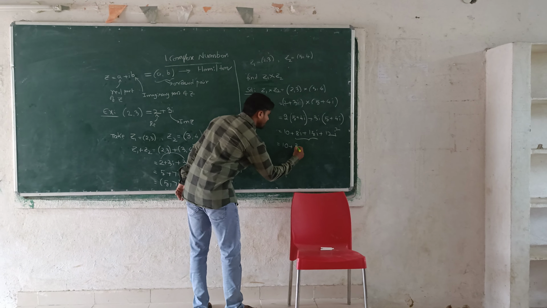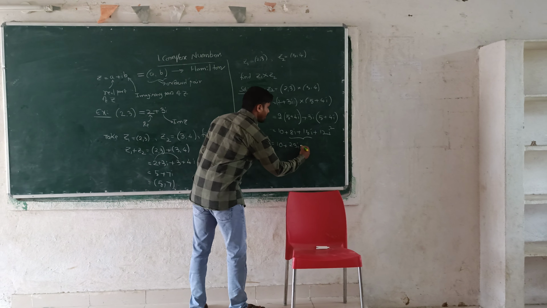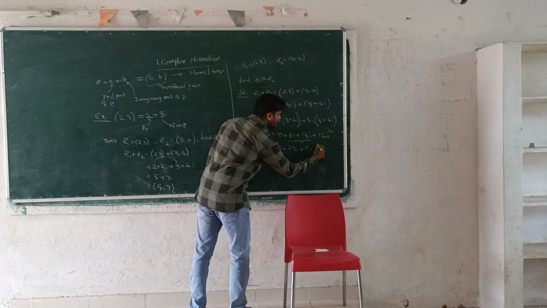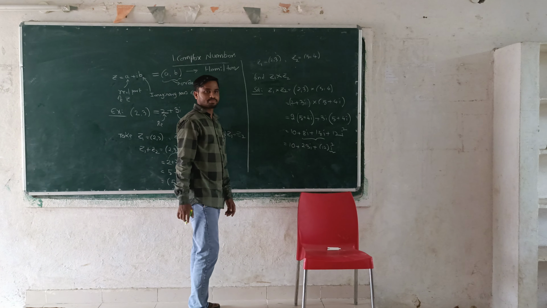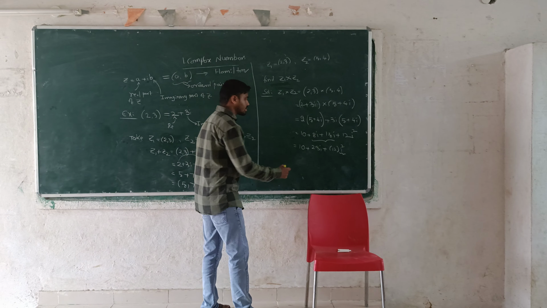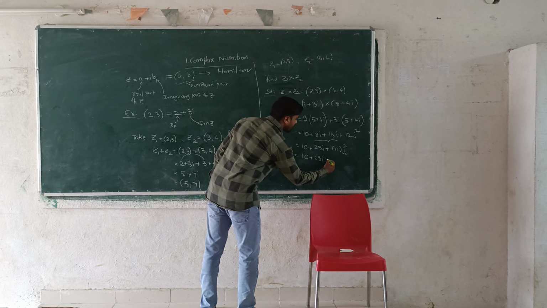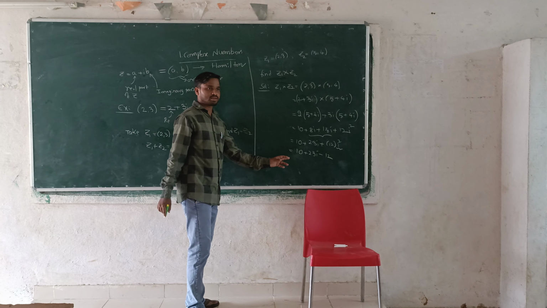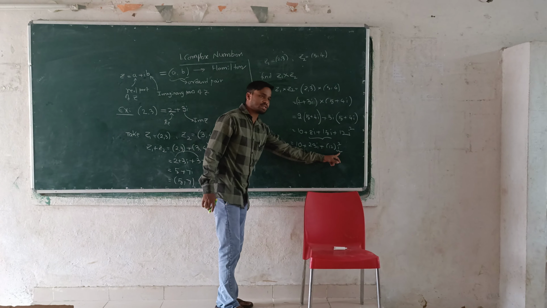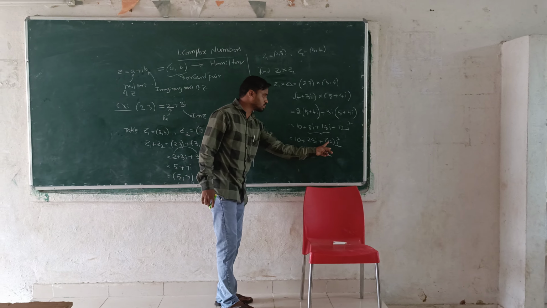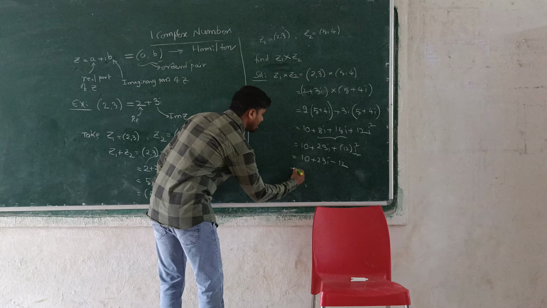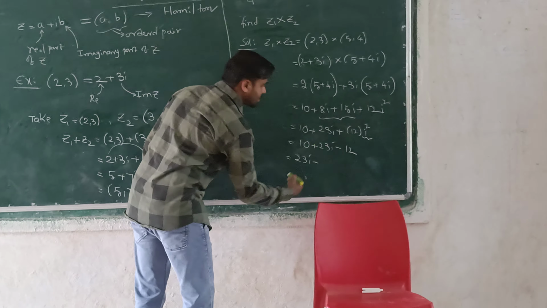This is 23i plus 12i square. How much is i square equal to? i square is equal to minus 1. So 10 plus 23i minus 12. Is it okay? i square is equal to minus 1, minus into plus is minus, 12 is the same. So how much finally? 23i minus 2.